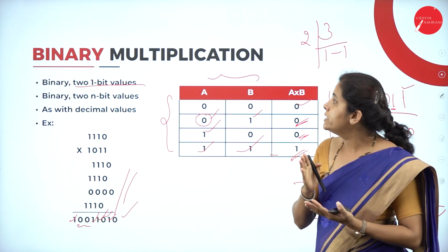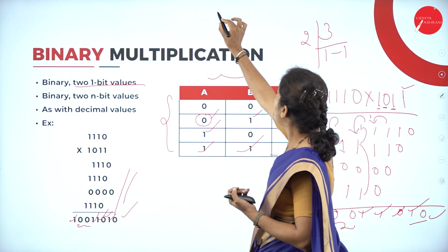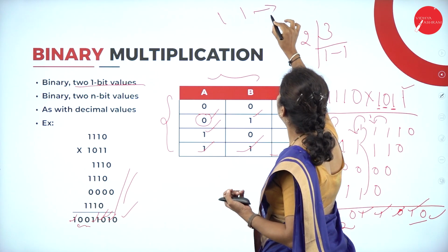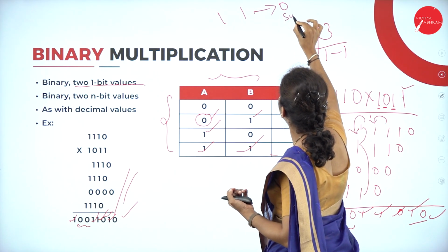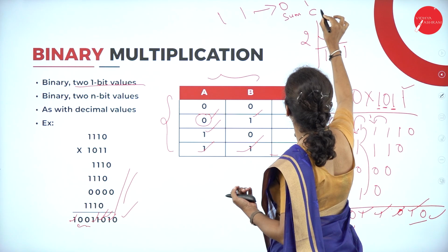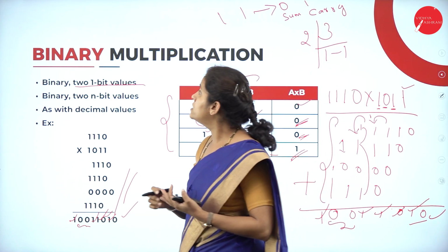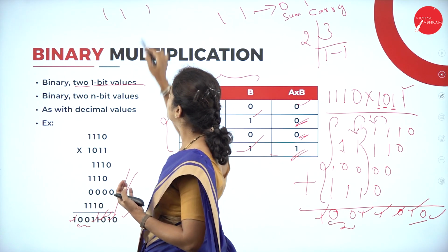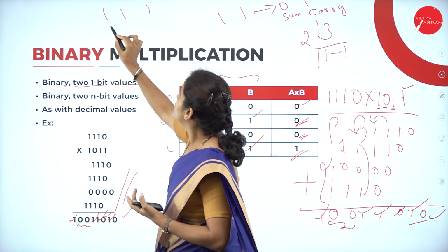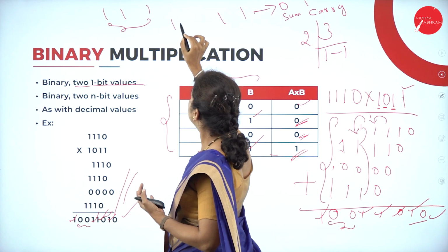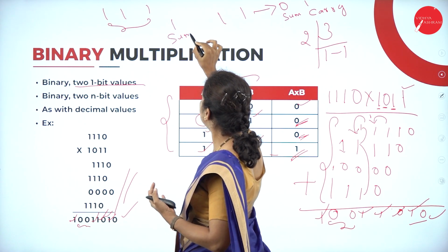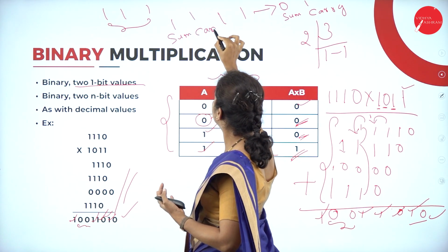So dear students, remember that when you have 2 ones, 0 is the sum and 1 is carry. Suppose you have 3 ones, 1 1 1, then you're going to get 1 sum and 1 carry.